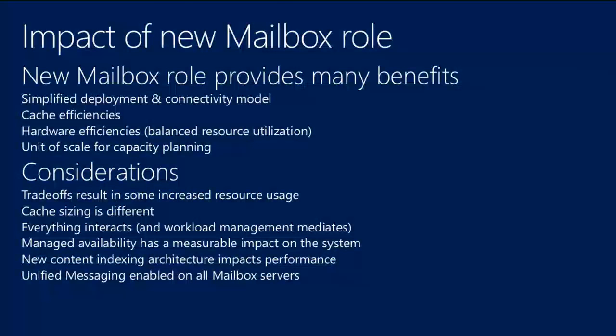And, well, mailbox server isn't a great example, but from a CAS and hub perspective, Exchange utilization of caches was actually not great in 2010 because of the sort of distributed nature of the system. In 2013, because all the activity for me is being handled on one particular mailbox server at any point in time, the caching of information for my account, for my data on disk, is actually much better.